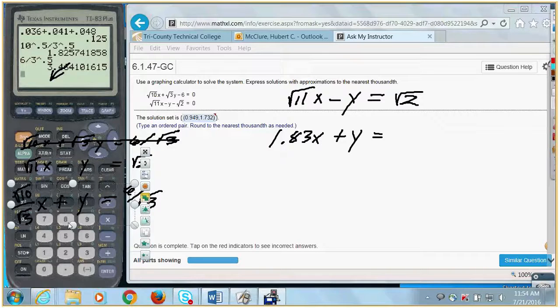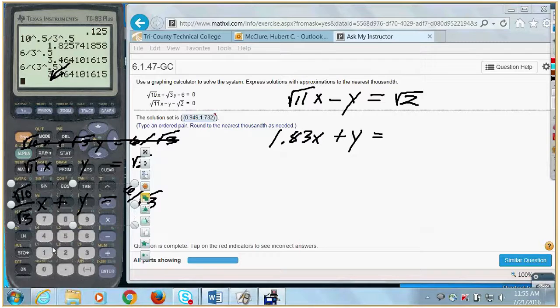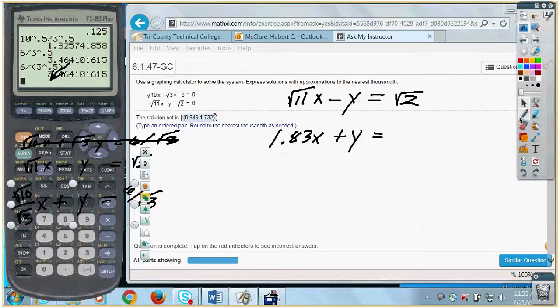Let me make sure I didn't do parentheses. Divided by parentheses 3 raised to the 0.5 power. I closed that parenthesis, didn't I? 0.5, yeah. Okay, 3.46. So that comes out to 3.46.